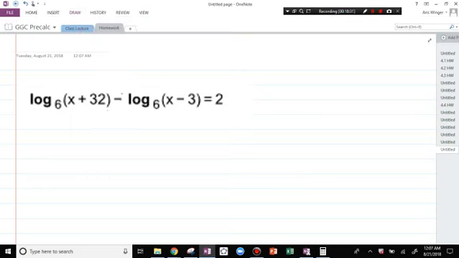So using that rule, this subtraction turns into division. It's log base 6 of x plus 32 over x minus 3 equals 2.